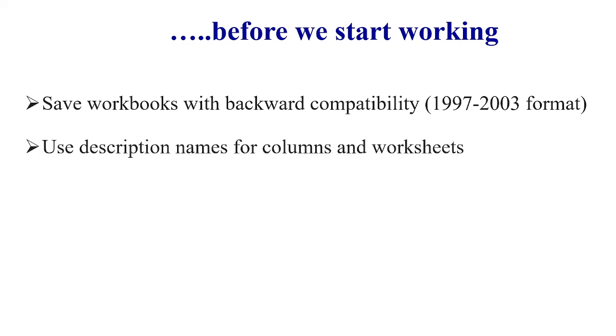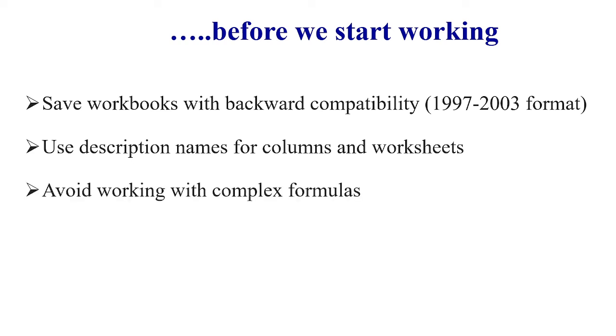Use descriptive names for columns and worksheets in a workbook. Avoid working with complex formulas with many variables. Try to break them down into small manageable results that you can use to build on. Use built-in functions whenever you can instead of writing your own formulas.